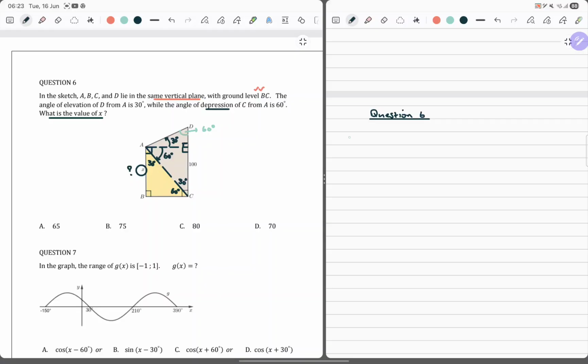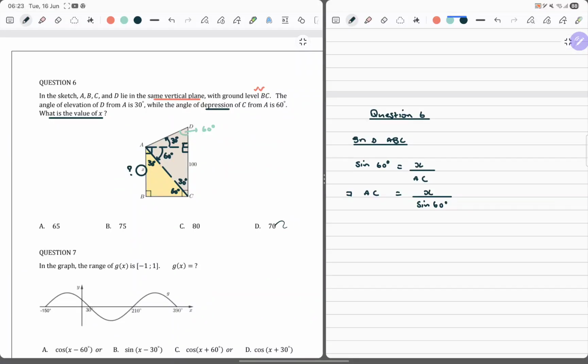So here, in triangle ABC, I can safely say sine of 60 degrees should be equal to the opposite side, x, over the hypotenuse, which is AC. But now I'm interested in AC, so this implies that AC is going to be x over the sine of 60 degrees.